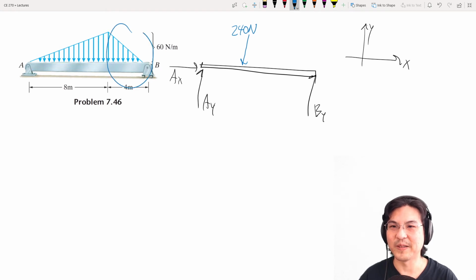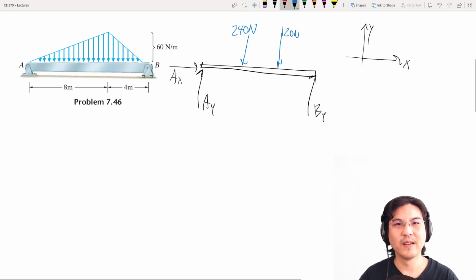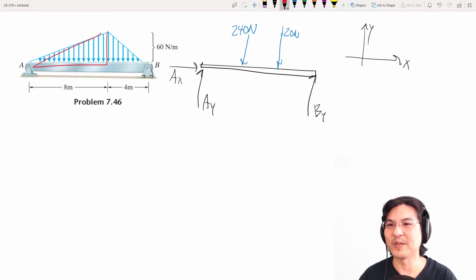And look at this triangle. What's the area of this triangle? 1/2 base times height, so 120 newtons. Where? At the centroid. The centroid of this triangle is here, 2/3 of the way over.